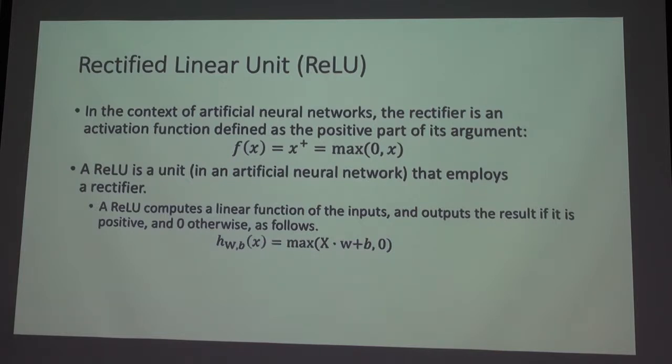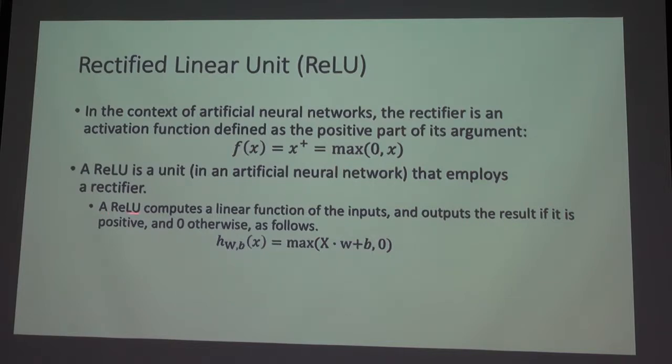So this ReLU function is a unit which is commonly used in artificial neural networks, which employs a rectifier. The rectifier is basically that flat part when x is less than 0.